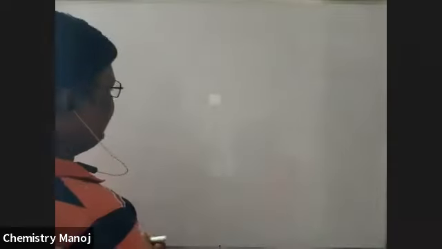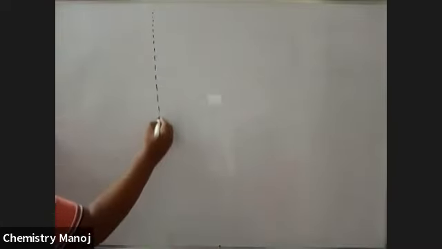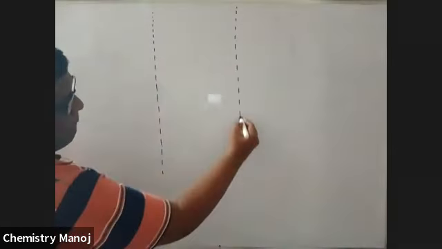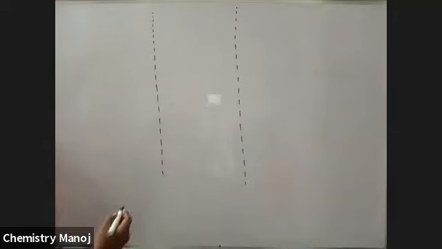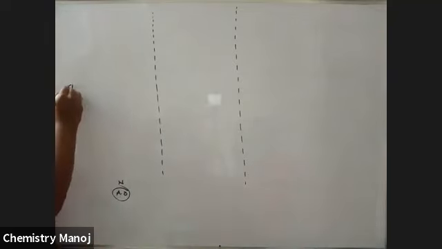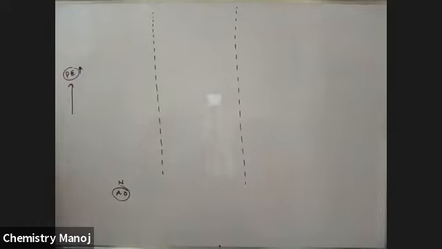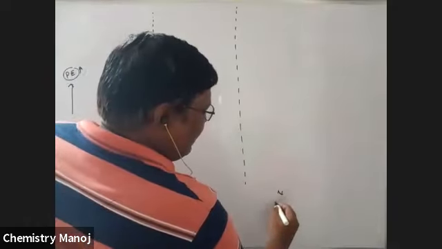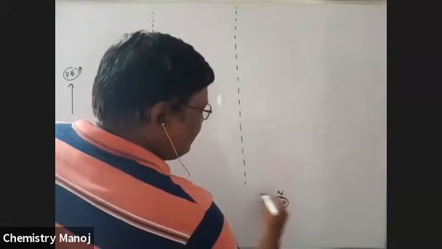It is just like the O2 molecule, with a difference. Here are the nitrogen atomic orbitals. In this direction, potential energy increases. Here also nitrogen atomic orbitals exist.